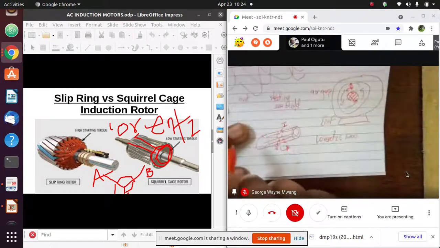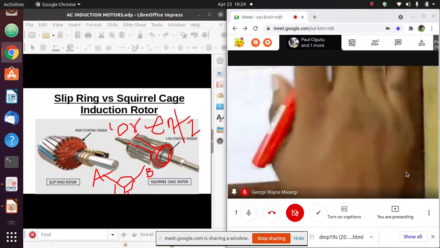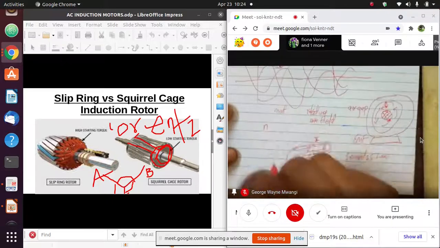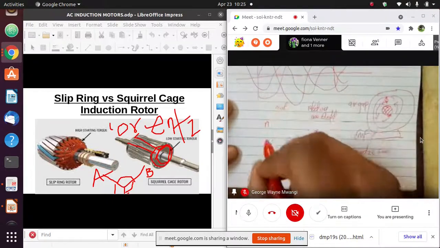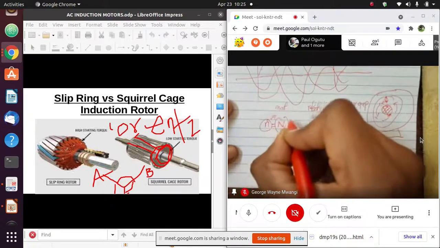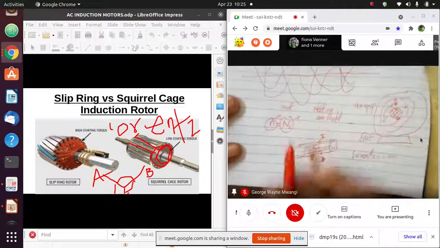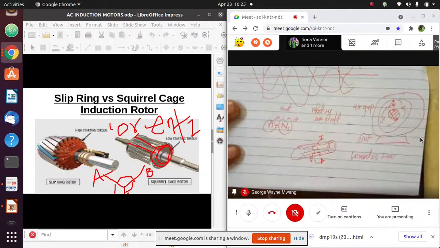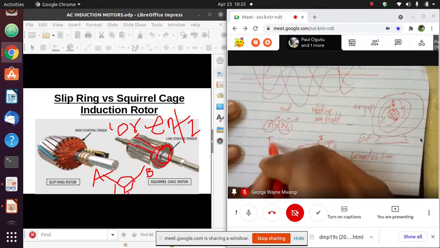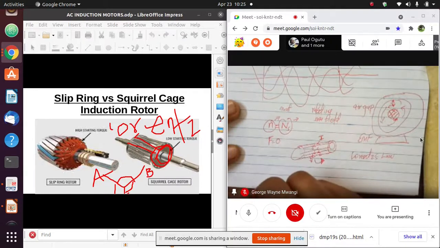And then once that rotor starts rotating, it gets to a point where the rotor speed will be equal to the speed of the rotating field in the air gap. Now once this happens, the force being experienced by the rotor becomes zero.